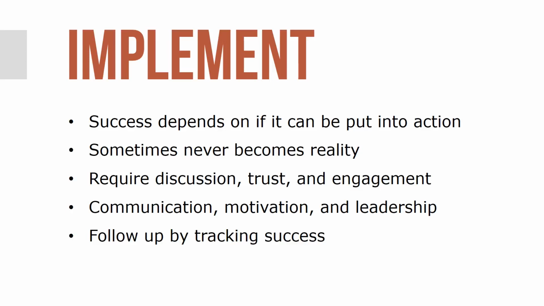Successful implementation may require discussion, trust building, and active engagement with people affected by the decision. Communication, motivation, and leadership skills must be used to see that the decision is carried out. When employees see that managers follow up on their decisions by tracking implementation success, they're more committed to positive action.